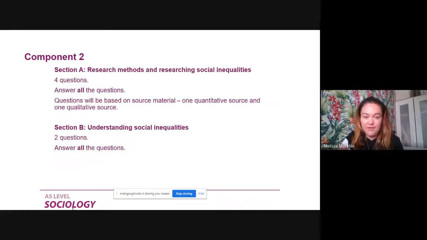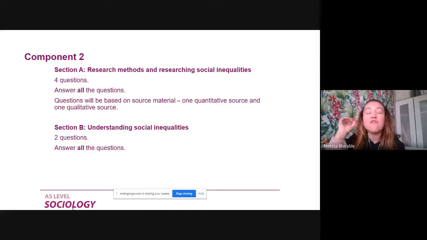The total mark is 75. So let's break down the paper into section A and section B. Section A is research methods and research and social inequalities. You're going to have 4 questions. You need to answer all of them, and they will be based on the source material. There'll always be 1 quantitative data source and 1 qualitative source.